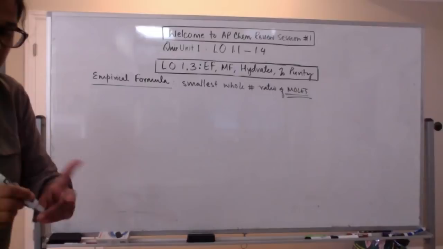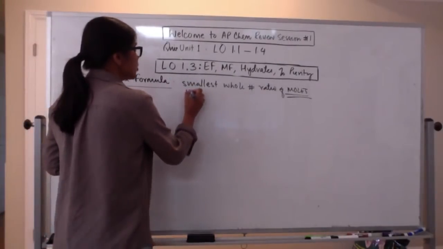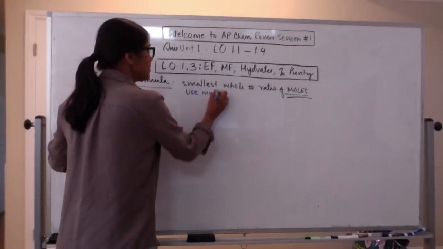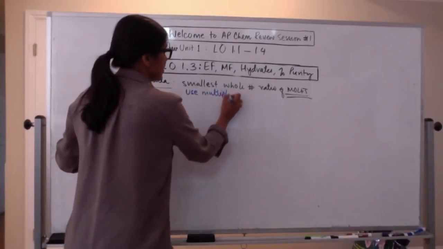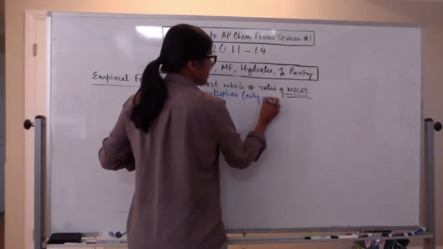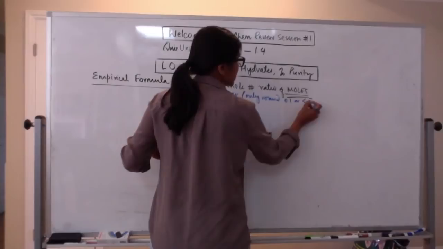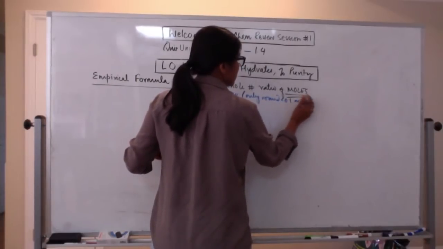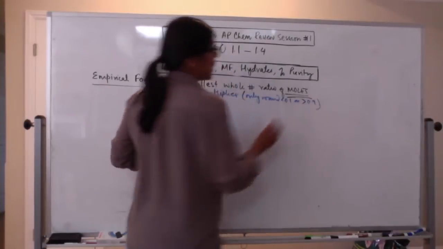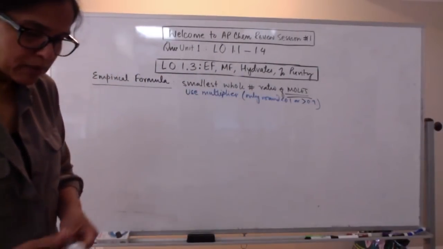And because we say whole number ratio, what else we are implying is you use a multiplier to get a whole number. You only round if less than 0.1 or greater than 0.9. Otherwise, you use a multiplier as you've been doing with your problems.